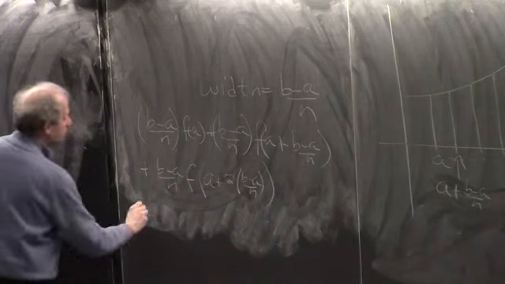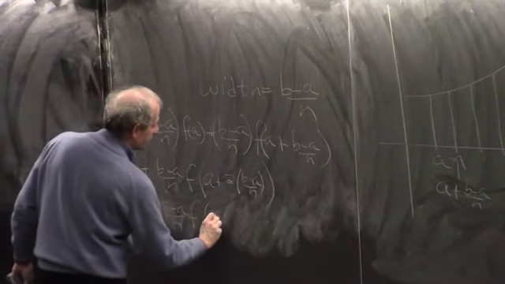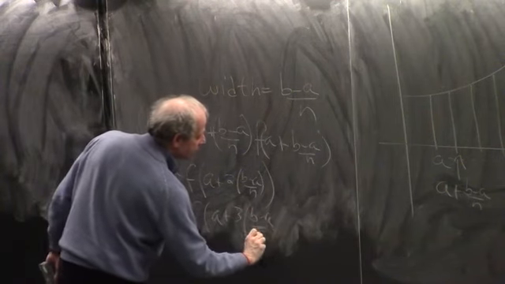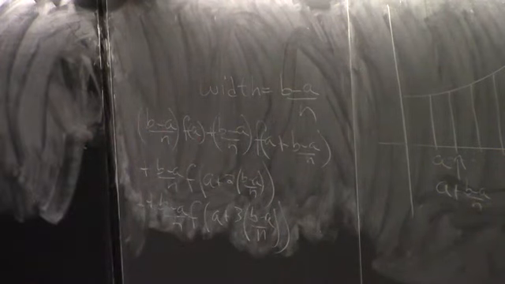The next one, I have 3 b minus a over n's. So who's lost? Lots of you. I'd be lost.